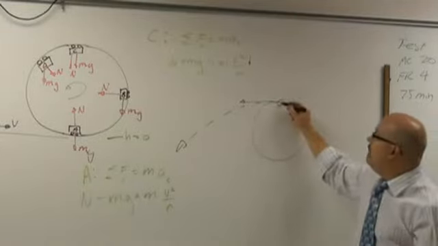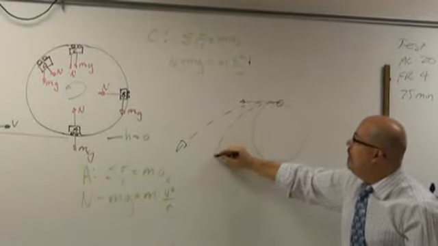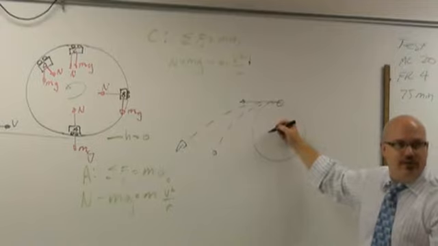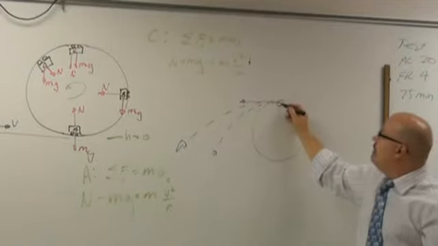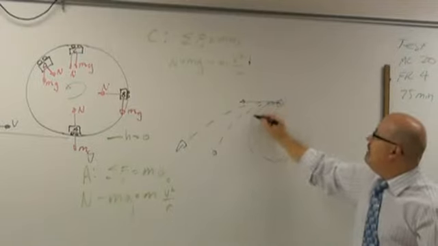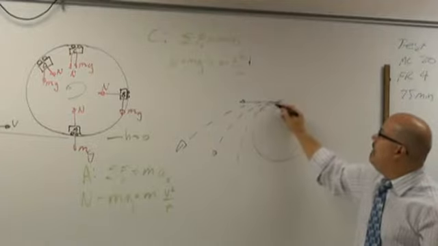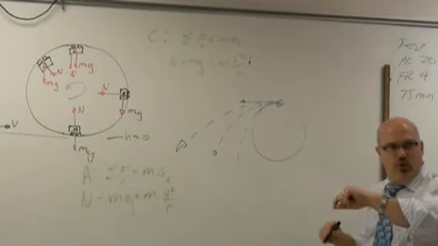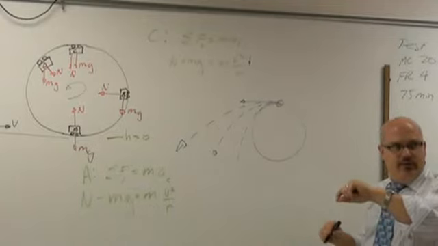If you slow it down, what happens? The arc of the ball would go like that. So you still have to pull it around, but not as much when you slow it down, right? You slow it down more, all of a sudden you get to this point where the arc up here is the same as the arc of the circle. Does that make sense?